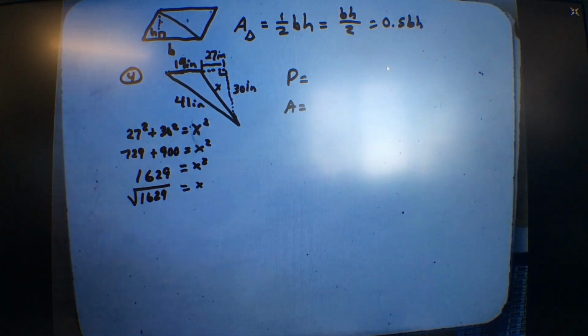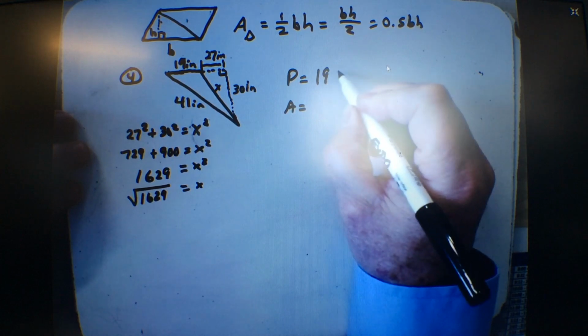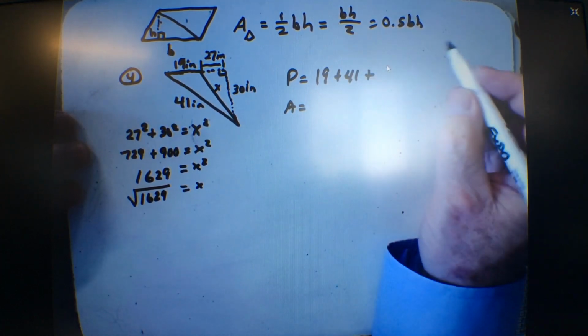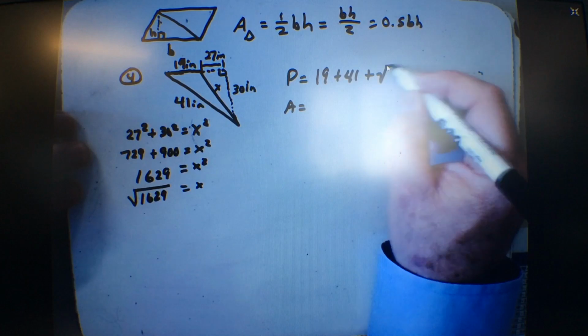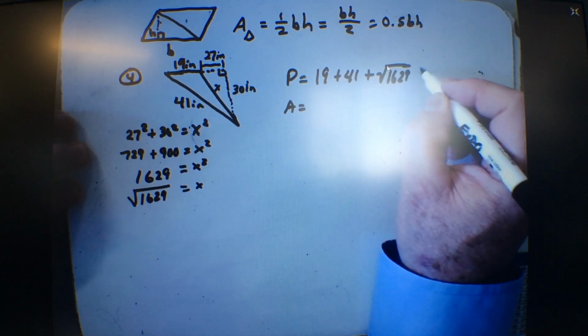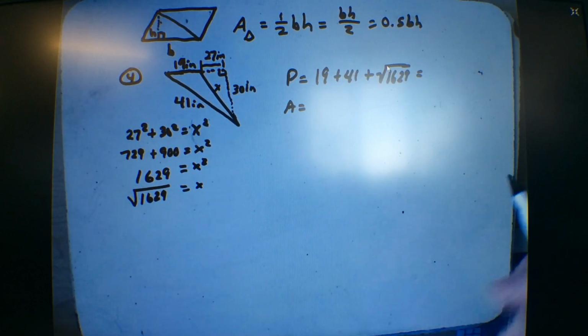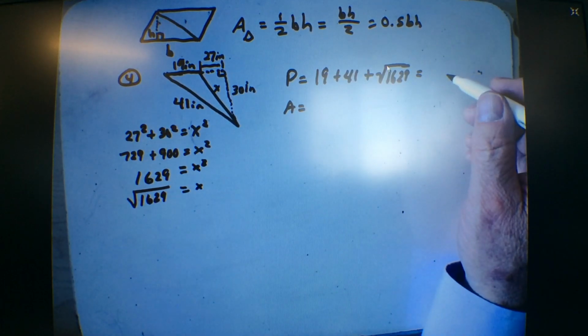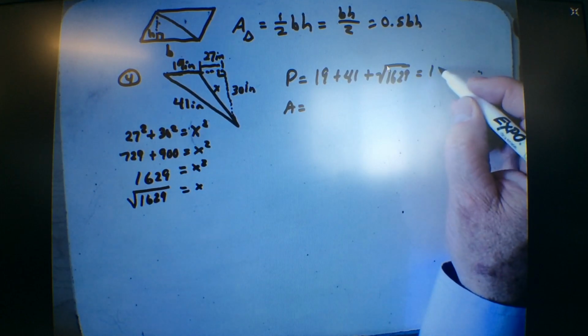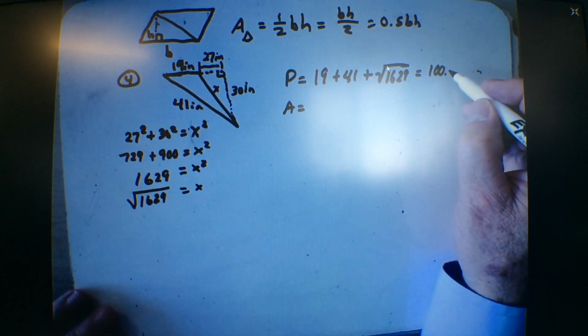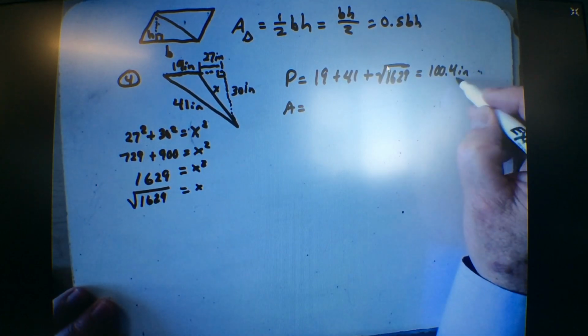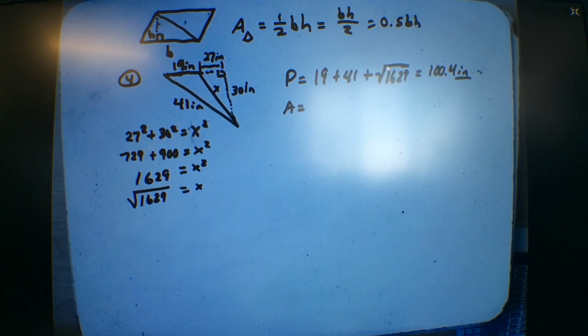For the perimeter, we're going to have to add up these sides: 19 plus 41 plus the square root of 1629. You can do the square root of 1629 first and then add 41 plus 19, correct? Would you do that for me, and tell me what you get to the nearest tenth? 100.4 inches. And remember, it's just inches. Why? It's not area.